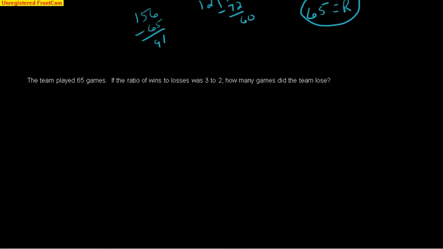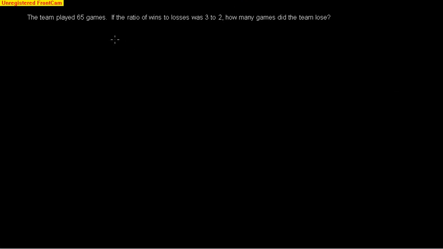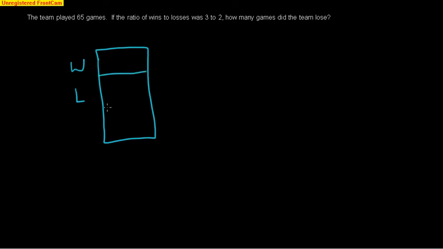Let's do one more. The team played 65 games. If the ratio of wins to losses was 3 to 2, so wins to losses was 3 to 2, the total is 3 plus 2, 5.